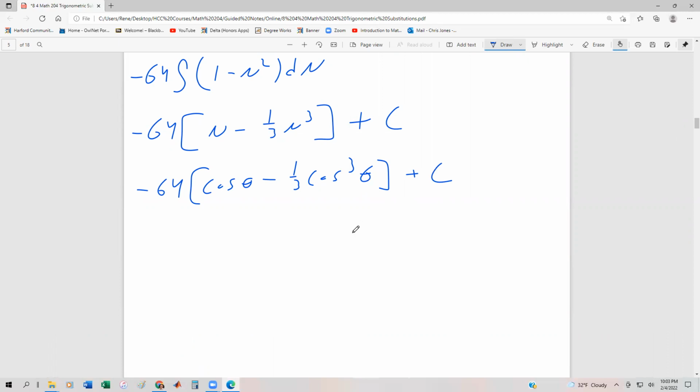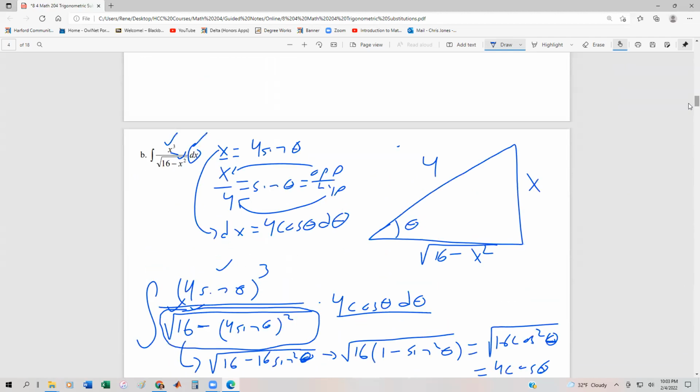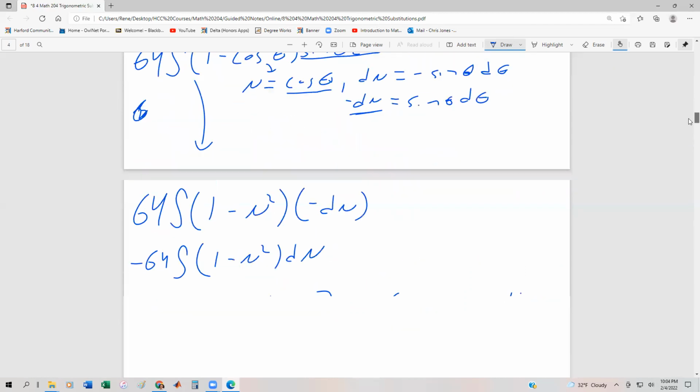We know that the cosine function is the adjacent over the hypotenuse. This is where we have to go back and use that triangle one last time. So we go back up, and we know the adjacent is square root of 16 minus x squared, and the hypotenuse is 4. Let's plug those back in.